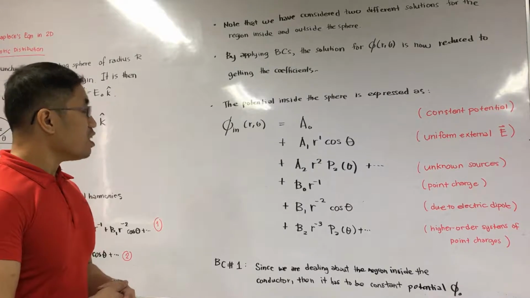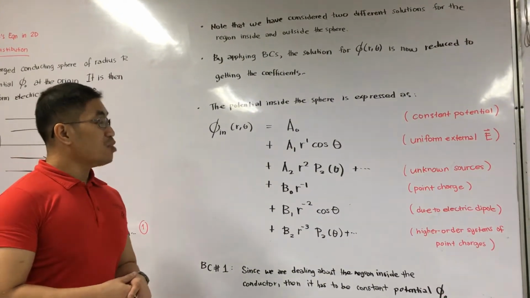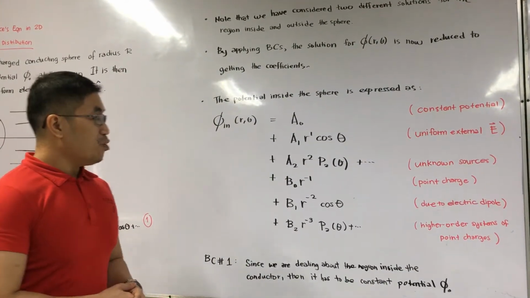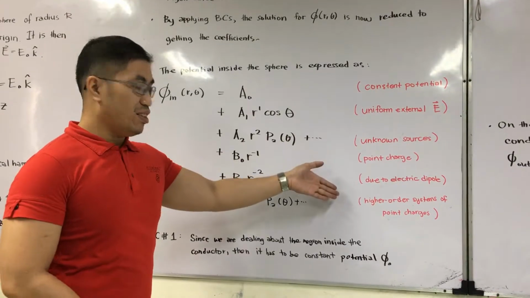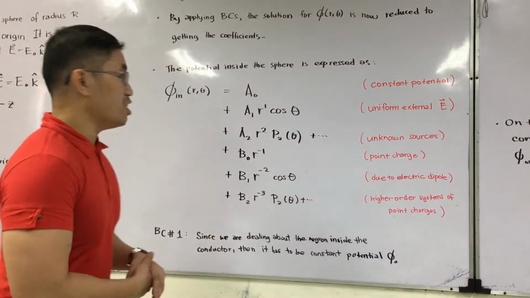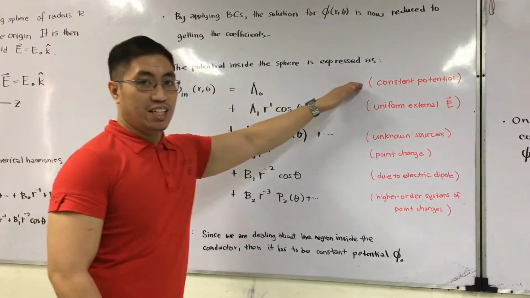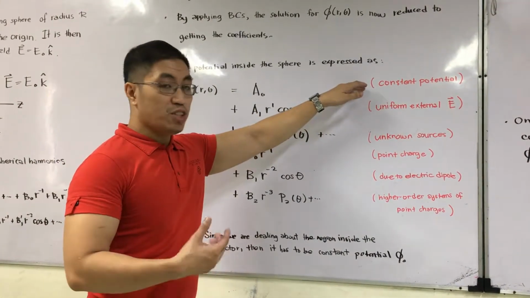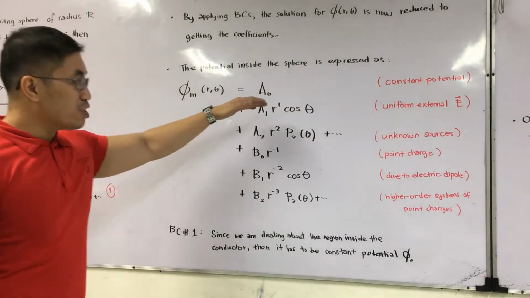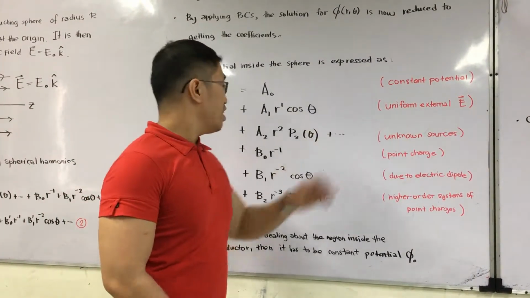Now, for the potential inside the sphere, the potential is given by this equation, wherein we have categorically classified what would be the cause of the potential for each term. For example, A0 is the potential if you have a constant potential, which is valid for the region inside the conductor. The second term, A1 r cosine theta, is the potential due to a uniform external field.